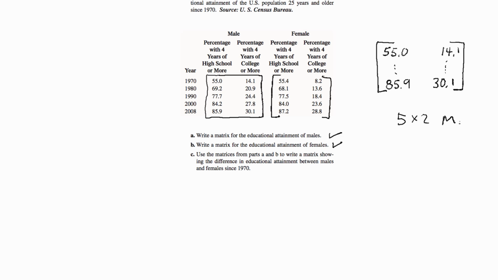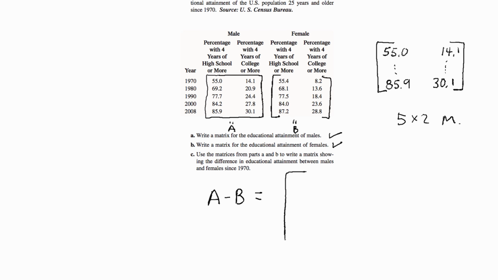Part C says use the matrices from part A and B to write a matrix showing the difference in the educational attainment between males and females. For that one, if I say this is A, the matrix that you're seeing up there, and this is the matrix B, the difference would be the matrix A minus B, and I'll start writing that right here.